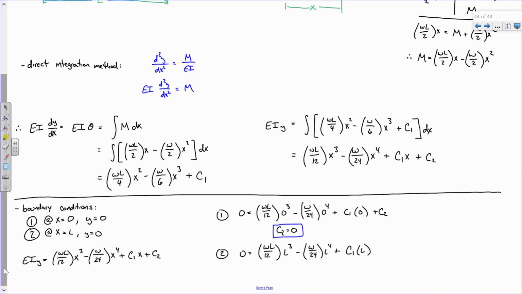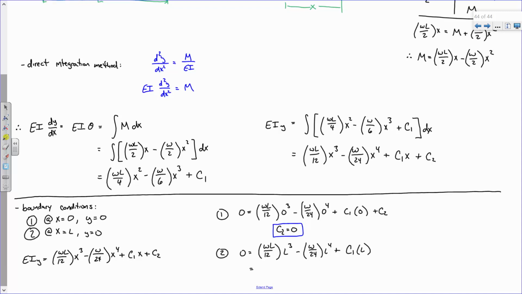All right, so what do we have? WL to the fourth over 12 minus WL to the fourth over 24 plus C1 times L, right?